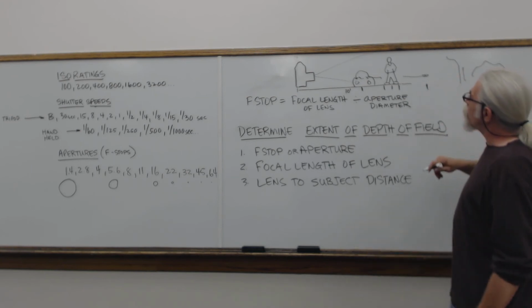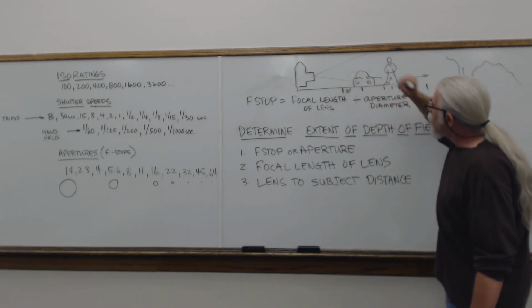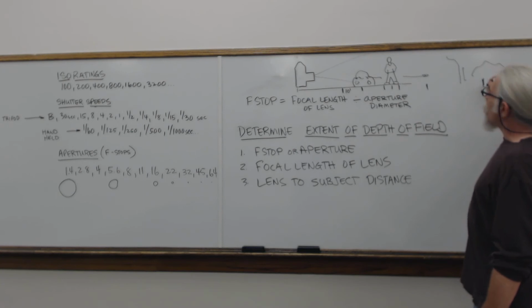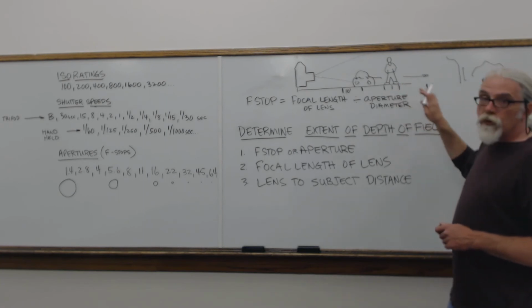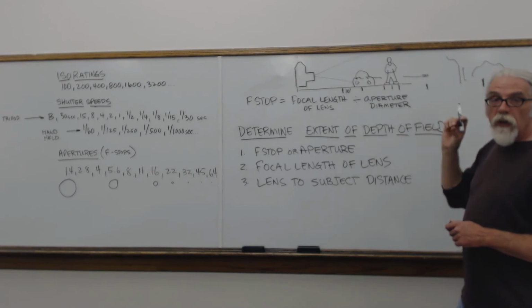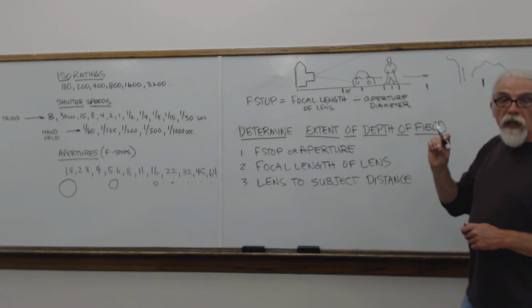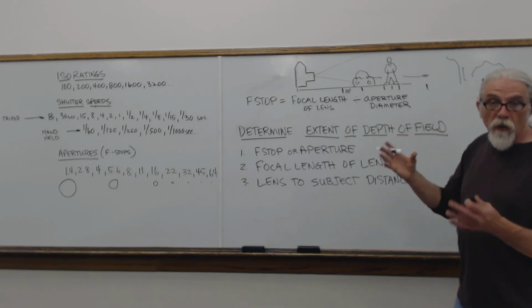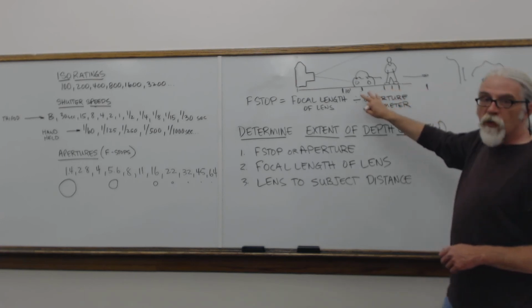So things could become in focus. If we went up to f22, everything maybe from 5 feet to the mountains at infinity could be in focus in our image by choosing a smaller diaphragm hole in our camera, the aperture size, f-stop, that we would call maybe f22. So this is a little bit about how depth of field works.